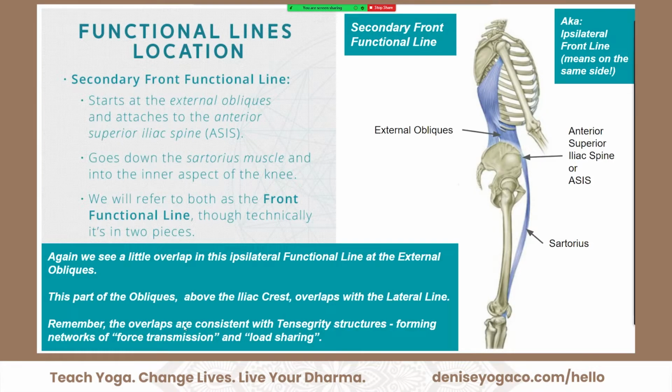So in a tensegrity structure, we would see overlap. See how these all come together at the dowels. So you're going to have multiple places where things converge and spread out. So that is consistent with a tensegrity structure.